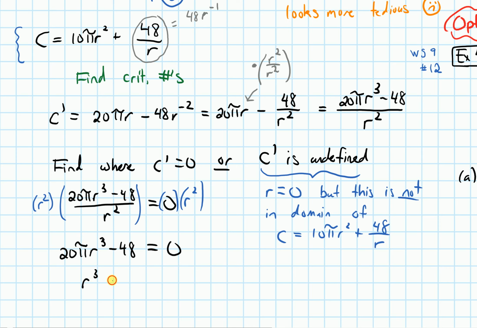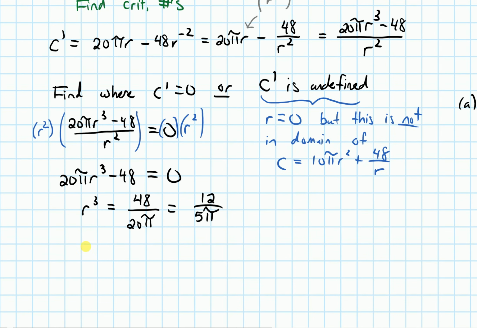We'll get r cubed is equal to, let's move the 48 to the right, and then I'll divide by 20 pi. And I could simplify this fraction a little bit. I could divide the top and the bottom by 4 and get 12 over 5 pi. So we have r cubed equals 12 over 5 pi. And now cube rooting both sides, we get r equals the cube root of 12 over 5 pi. So we ended up with one critical number here. It's just r equals the cube root of 12 over 5 pi.